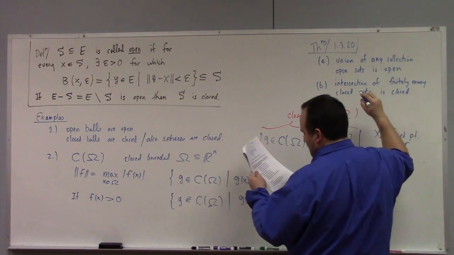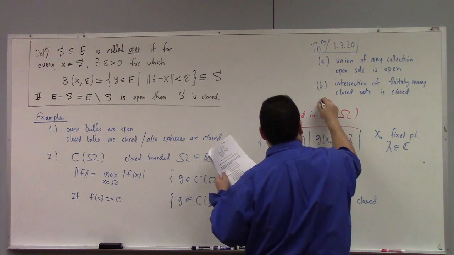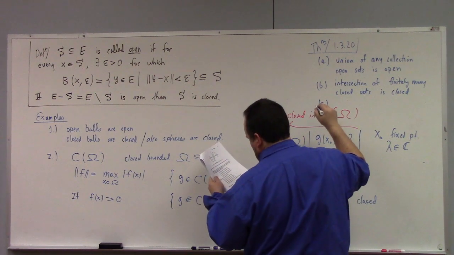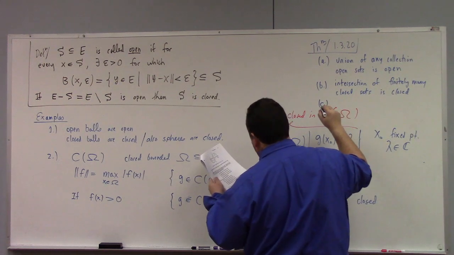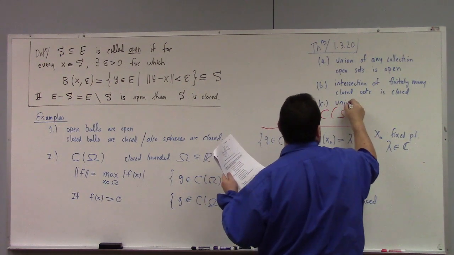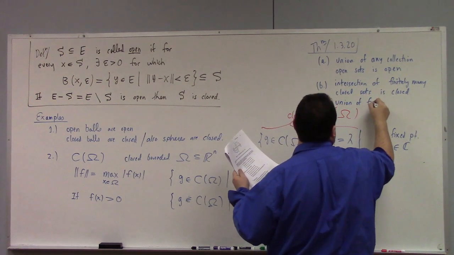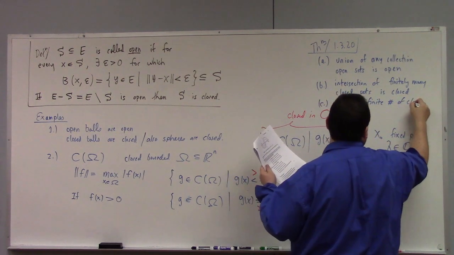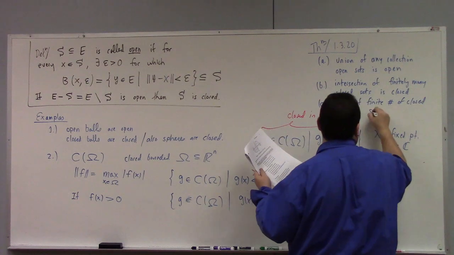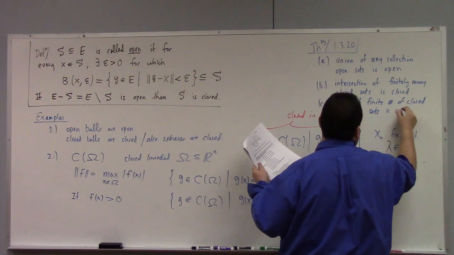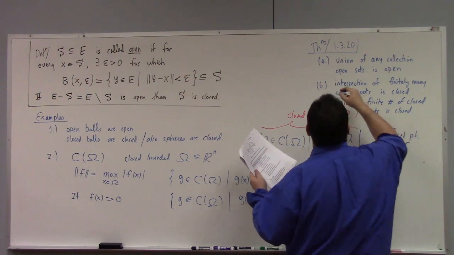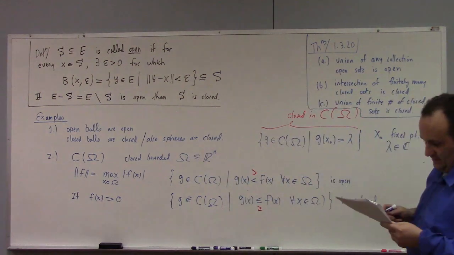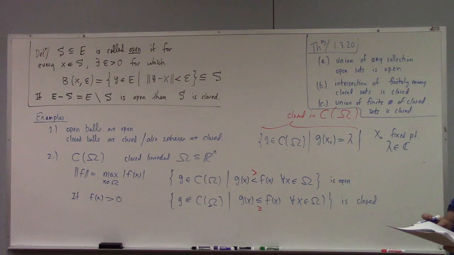And then C, the union of a finite number of closed sets is closed. And he leaves that as a homework exercise for you guys.